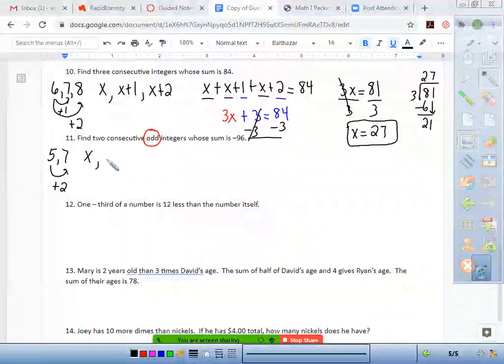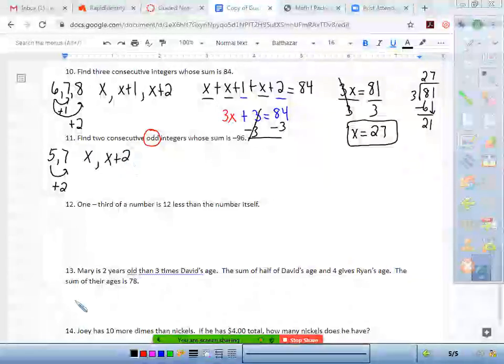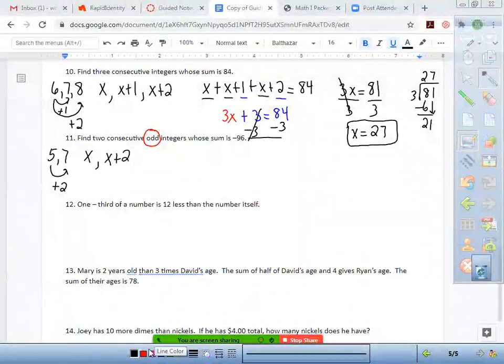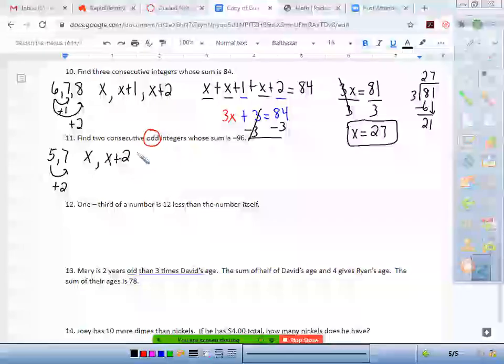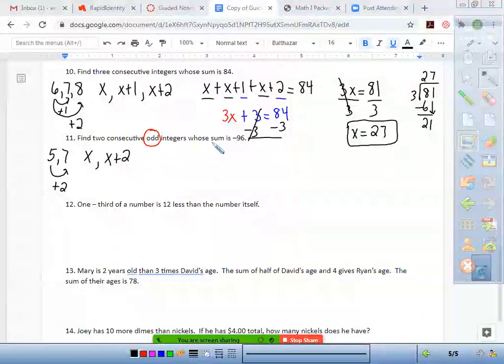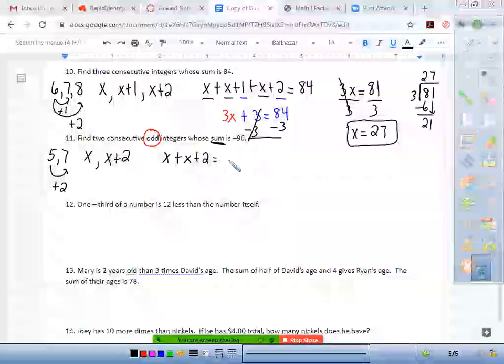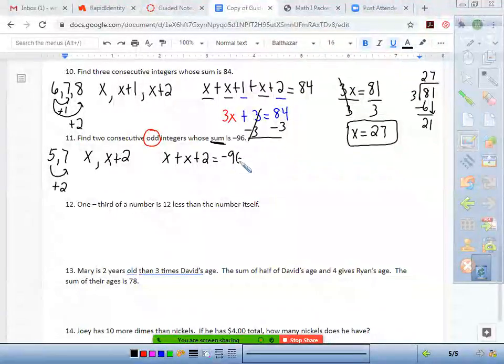To get to the next one, it would be x plus 2. So we've got 2 consecutive odd integers whose sum, so we're adding them again, so it's going to be x plus x plus 2 is negative 96.